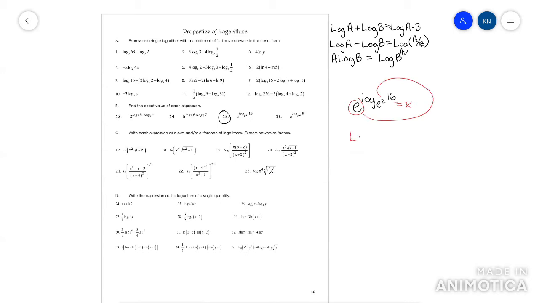And so you got log base e, which of course is ln, but I'm not going to change it, equals log e squared of 16. Now, you have to get rid of this e squared. These have to match. They don't match currently. So I'm not 100% sure on this. I'm not going to lie. But the way that I kind of think about it is if I just root this and root this, it would look like this.